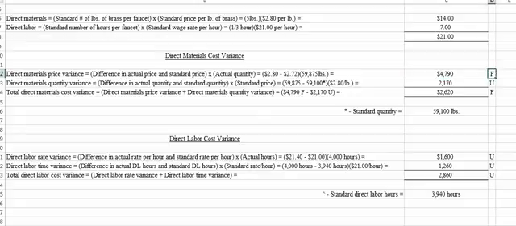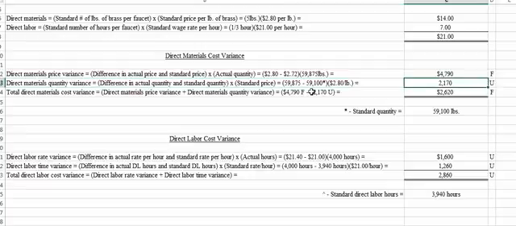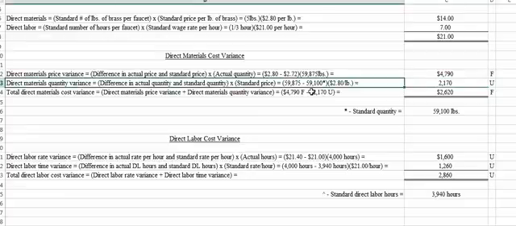Maybe they're being compensated in the purchasing department based on that price variance being favorable. But if they bought inferior direct materials, that could cause problems in the production process. It could cause more pounds to be used, because more pounds of the low quality materials are being scrapped. So really here the problem could be that purchasing's buying low quality materials, causing scrap to be high, which throws off this direct materials quantity variance.